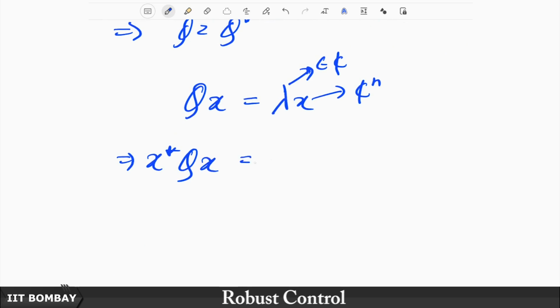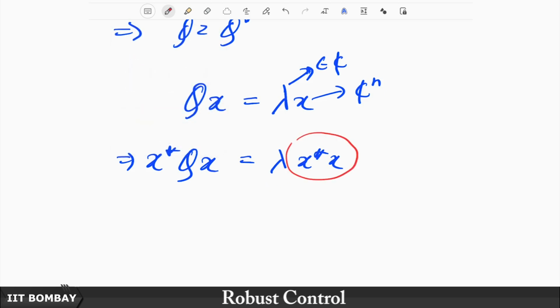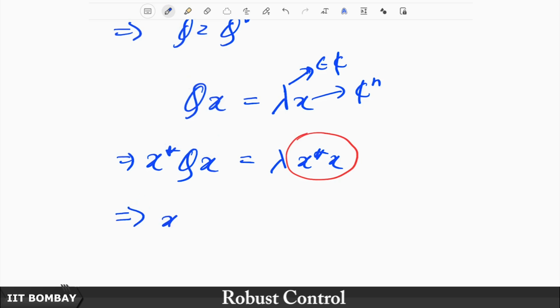So we have this, and then we have lambda times x star x. But what about this x star x? What do I know about this? We have just defined this. This happens to be the norm. So we can just write this as, x star Qx is equal to lambda times this x whole squared, which is a positive number, of course.